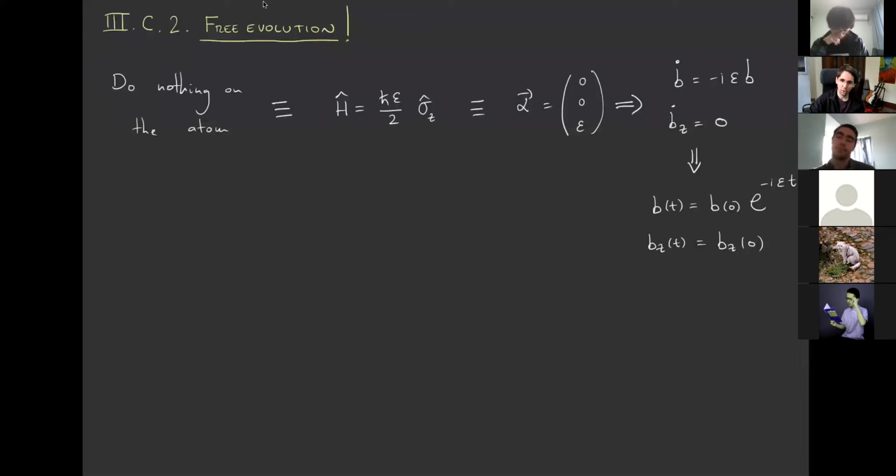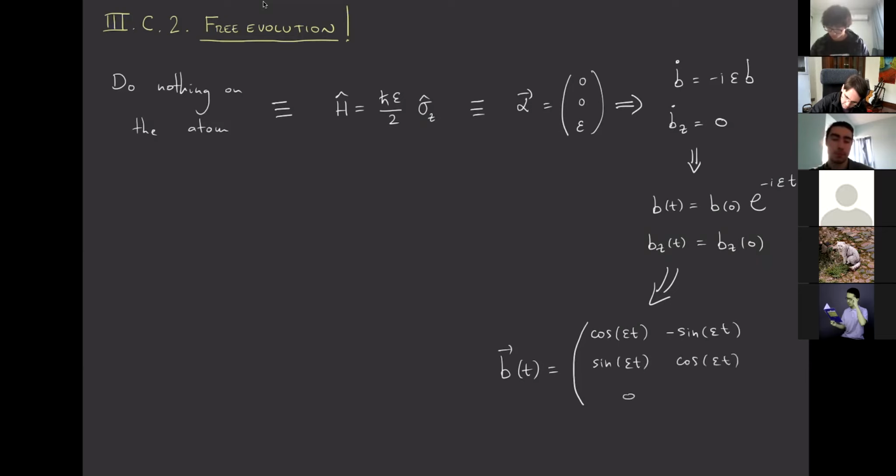Okay, so in terms of the original Bloch vector variables, so we can visualize them in Bloch space, this means that B of t is just a rotation, sorry, in the z plane, sorry, around the z axis. That looks like this. Okay.